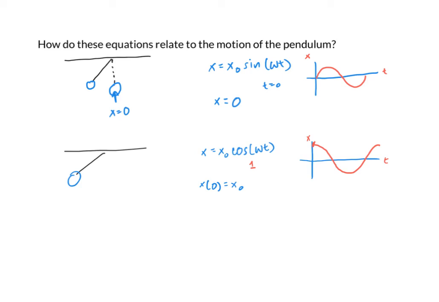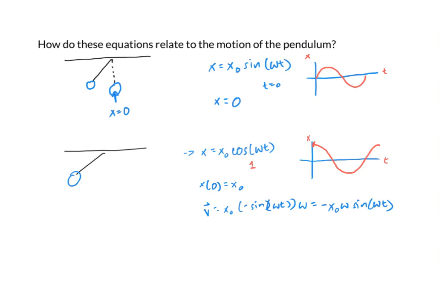Taking our first derivative of our cosine equation here gives us x naught times the negative sine of omega t times omega, or negative x naught omega times the sine of omega t.